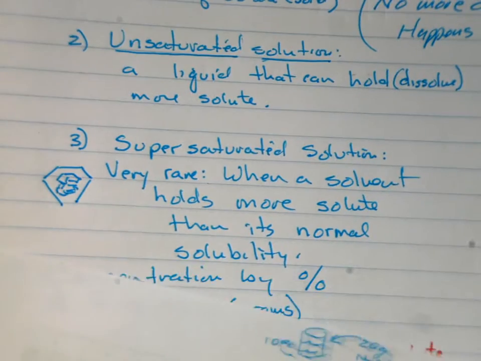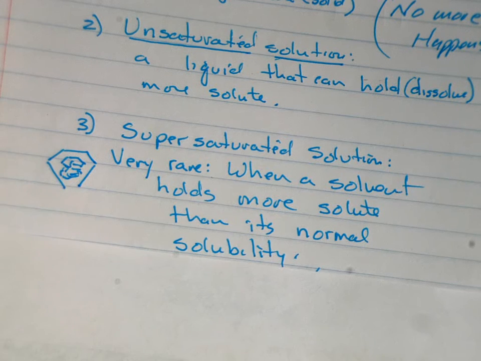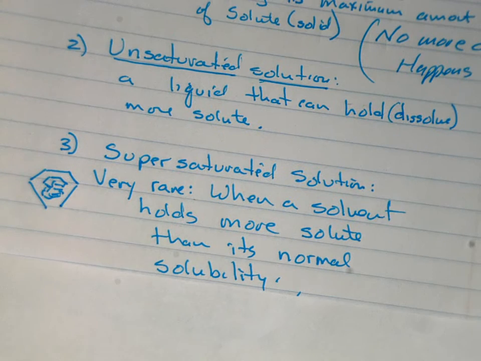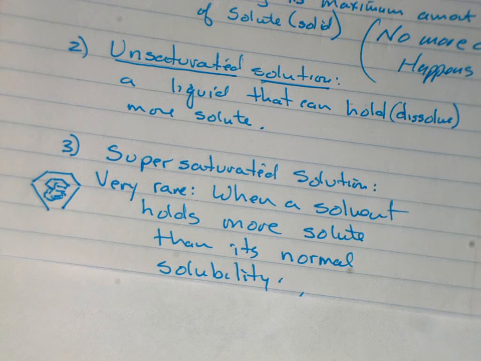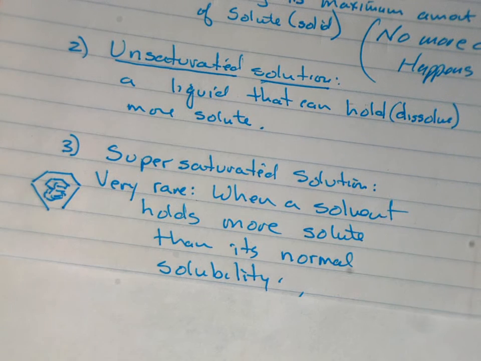So, supersaturated solution. They're rare. You have to work at them very carefully, and I'll give you an example. And then in class next time I'll have something for you. But a supersaturated solution is when a solvent holds more solute than its normal solubility allows.